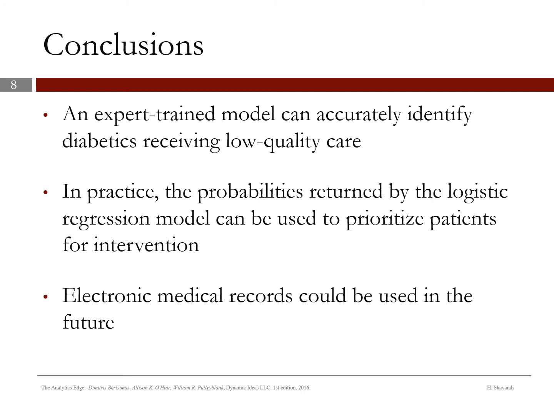Okay, so in practice, when we apply a logistic regression model and we have the probabilities obtained by the model, maybe we don't need to consider a threshold here and classify any patient to be in one of the two classes, I mean good care or poor care.